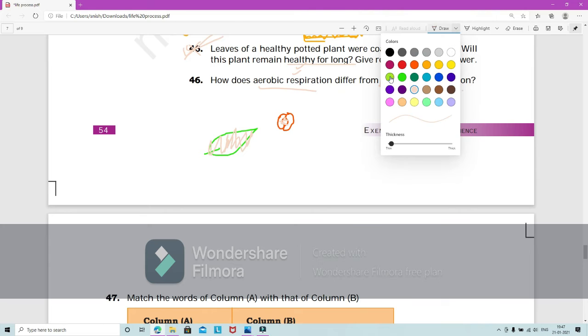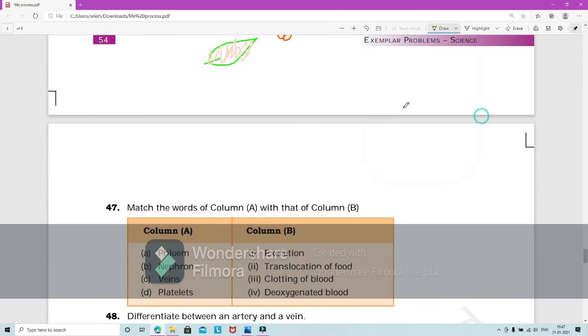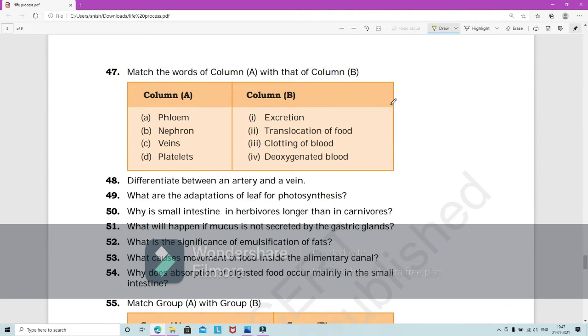So moving on, hope I'm not going fast, it's easy, right? So yeah, 47th question, match the words of column A with those of column B. This is a nice question. Okay, phloem is a part of the vascular bundle which helps in the transport of food in plants.